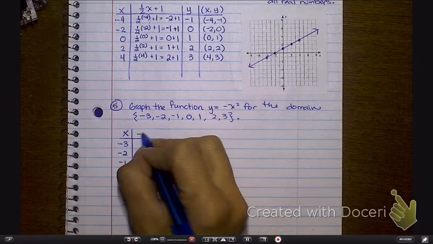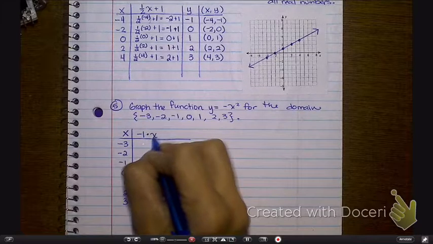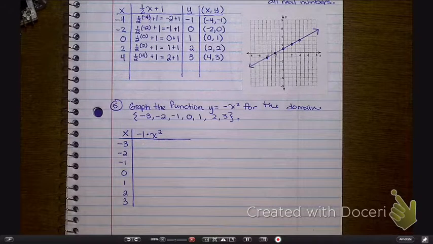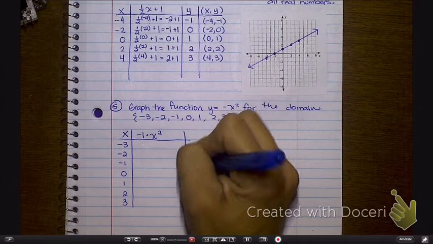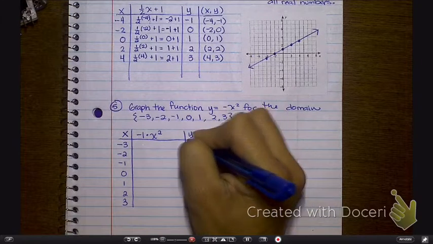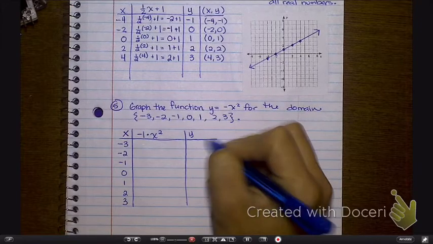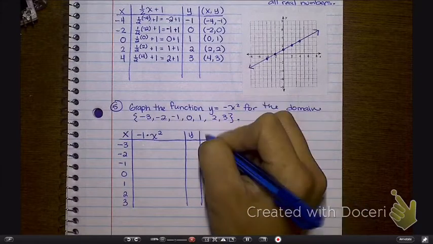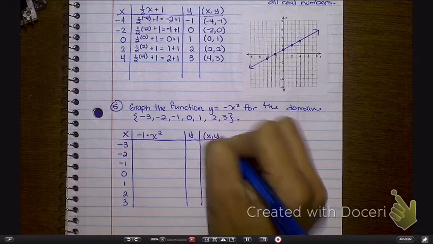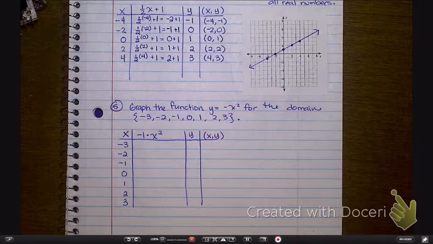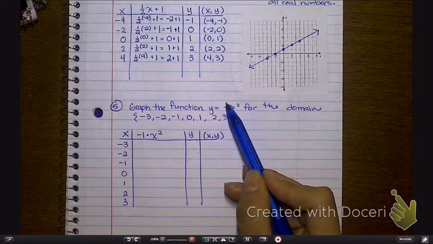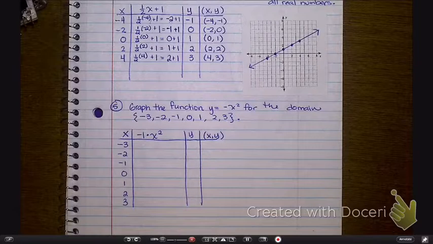I'm going to write it -1 times x squared. The reason I'm writing it like that is to make it easier for you so you don't get confused about your order of operations and make a mistake and then have your whole graph turn out wrong. So this really means there's a -1 multiplying by x squared.